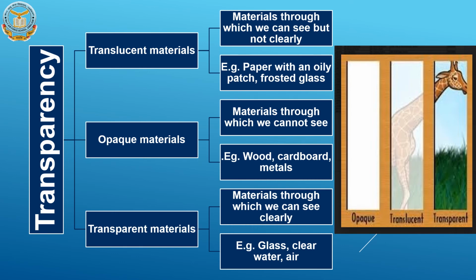On the basis of previous experiments, we can divide the materials into 3 categories: paper with an oily patch, frosted glass are translucent materials because we can see through them but not clearly. Wood, cardboard, metals are opaque materials because we cannot see through them. Glass, clear water, air are transparent materials because we can see through them clearly.